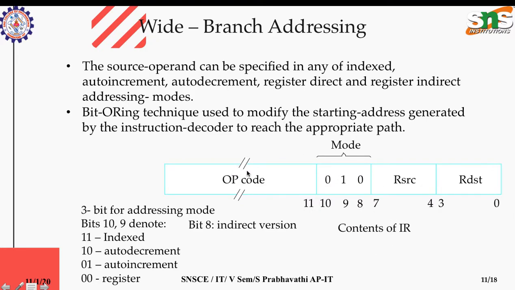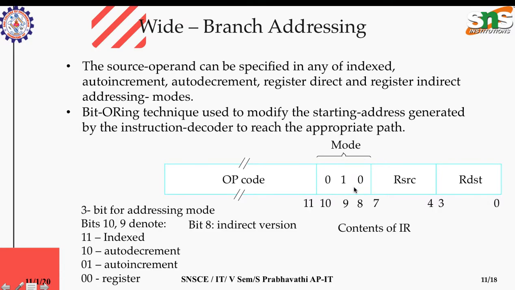It has the opcode. Opcode means operation code, which identifies what type of operation has to be carried out, like branching, addition, subtraction, multiplication, division, or simply moving, storing, fetching. That is followed by the bit numbers 8, 9, 10 in the instruction register, which are used to represent the addressing mode.